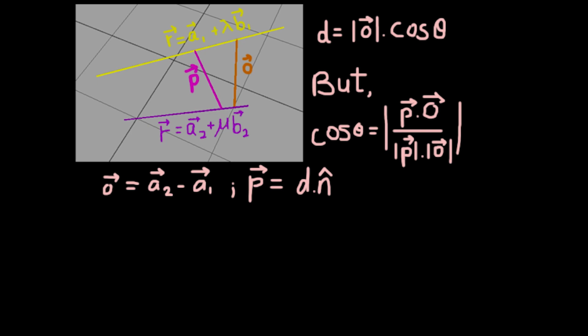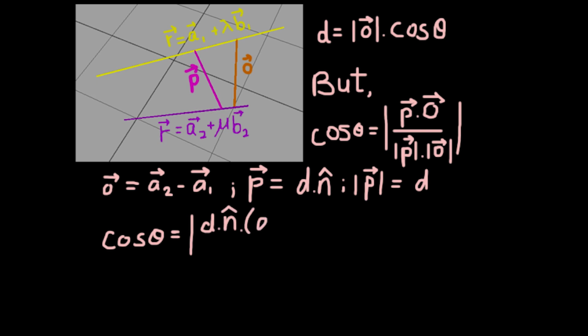And now the magnitude of P is just D. And let's not change the magnitude of O. So then our cos theta is equal to D in the direction N dot A2 minus A1, divided by D times the magnitude of O.